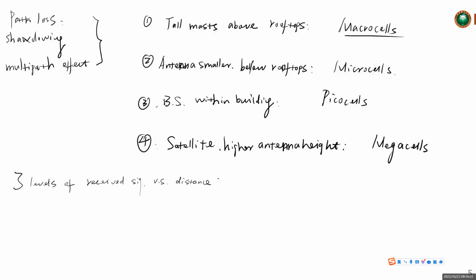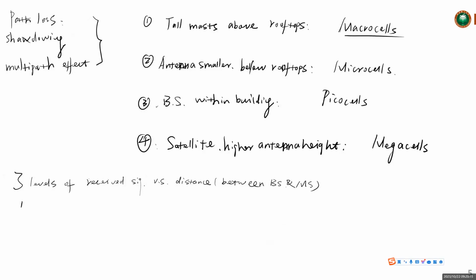The distance is between the base station and the mobile station. There are three kinds.